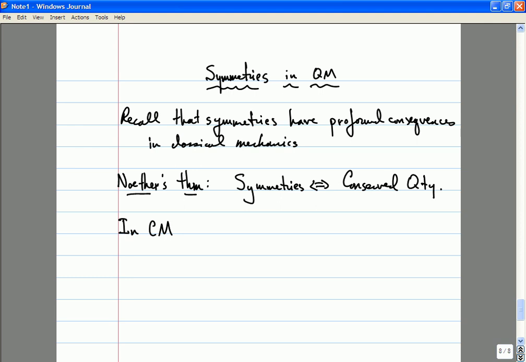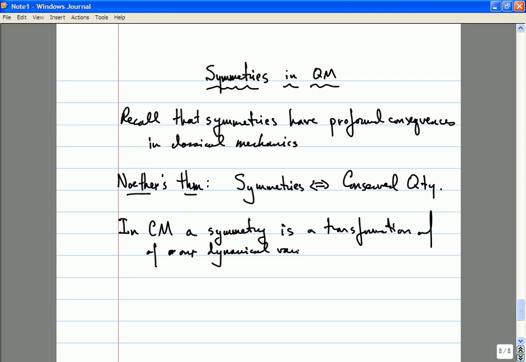In classical mechanics, a symmetry is a transformation of our dynamical variable Q that we use to describe the state of a system, where we change coordinates on configuration space to write things in terms of some new dynamical variable Q tilde, which leaves the action S unchanged.